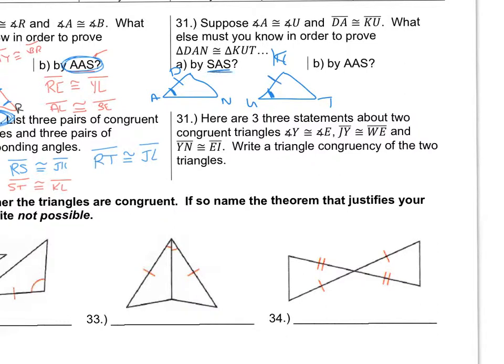And if we want to use SAS, again, we need parts in that order. So as I look at my first triangle, triangle DAN, I see the side marker, I see the angle marker, and the other S has to be right next to the angle. It's got to go in order from side angle to side right there. Same thing must happen over here.